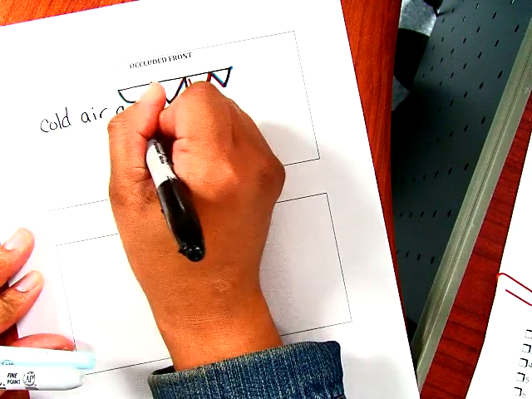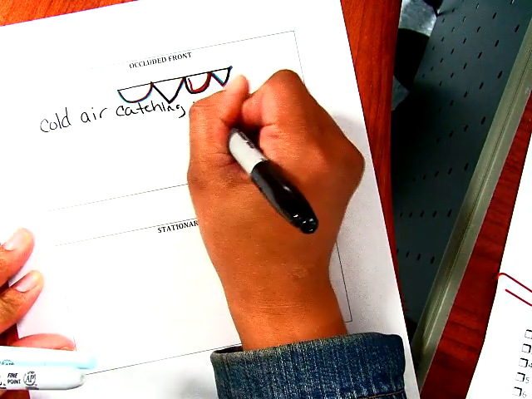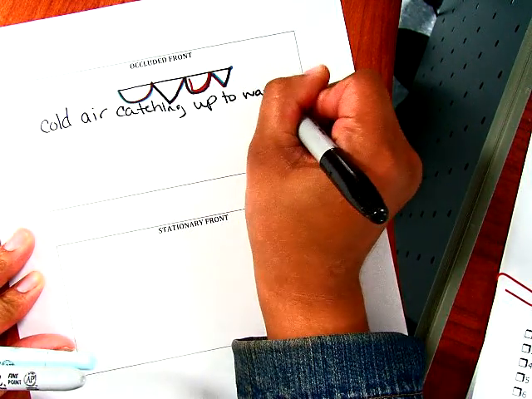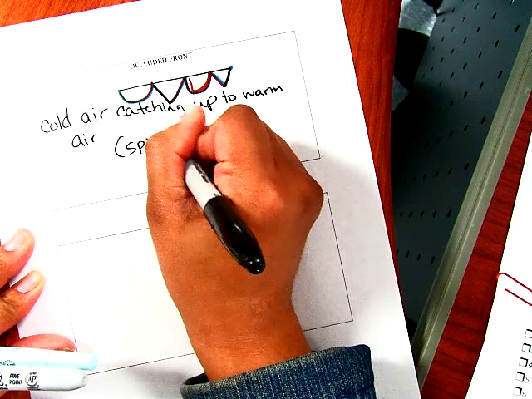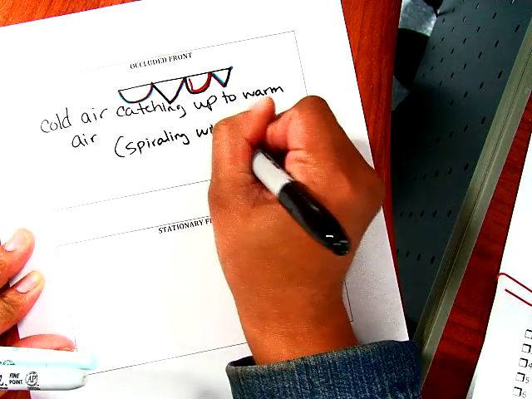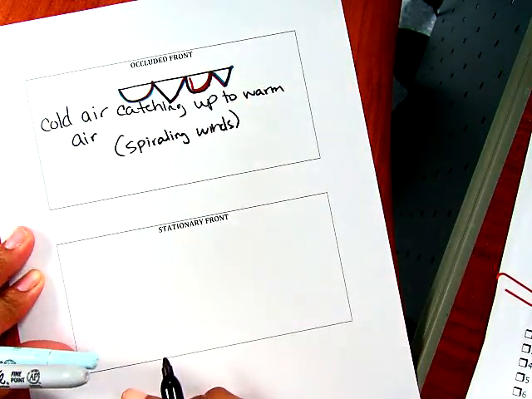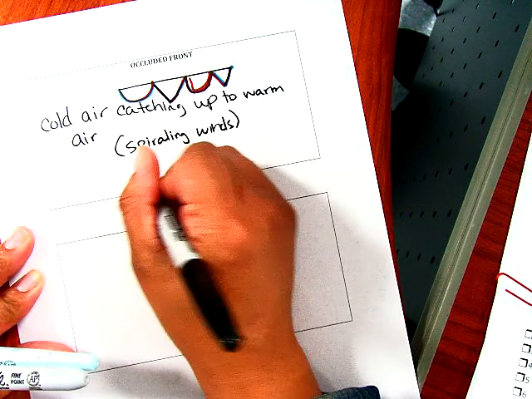And it creates spiraling winds. The weather is warm and it's hidden by cold.